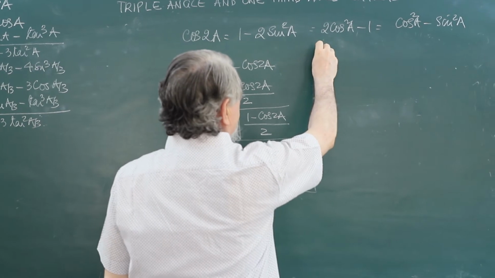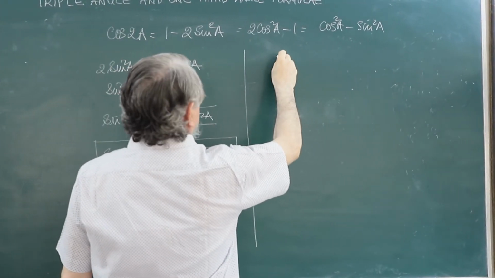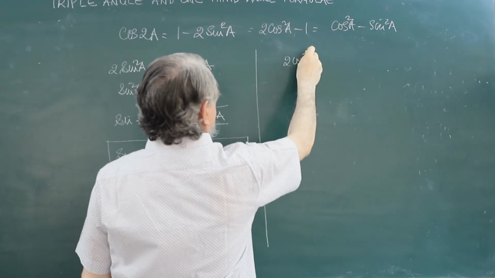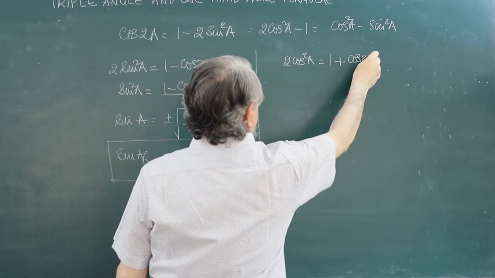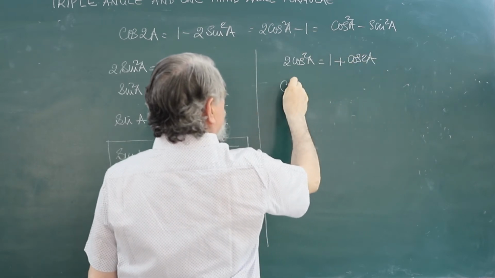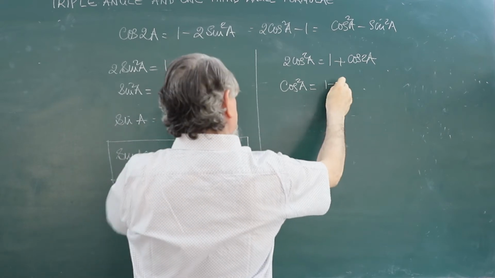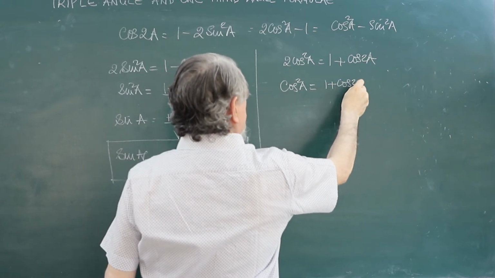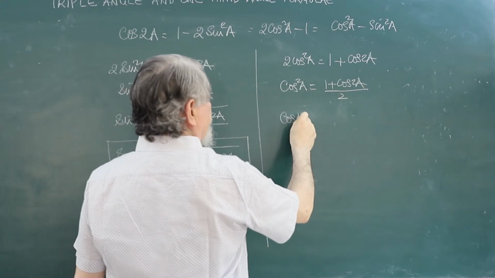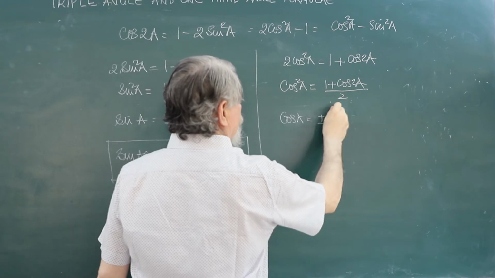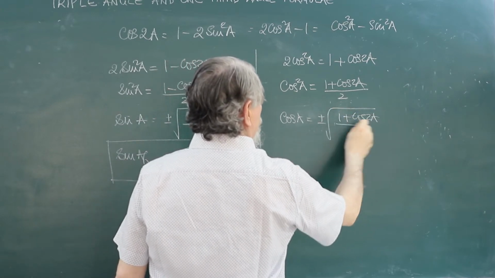Now, similarly, I have 2 cos square a as 1 plus cos 2a, or cos square a will be 1 plus cos 2a upon 2, or cos a will be plus minus under root 1 plus cos 2a upon 2.